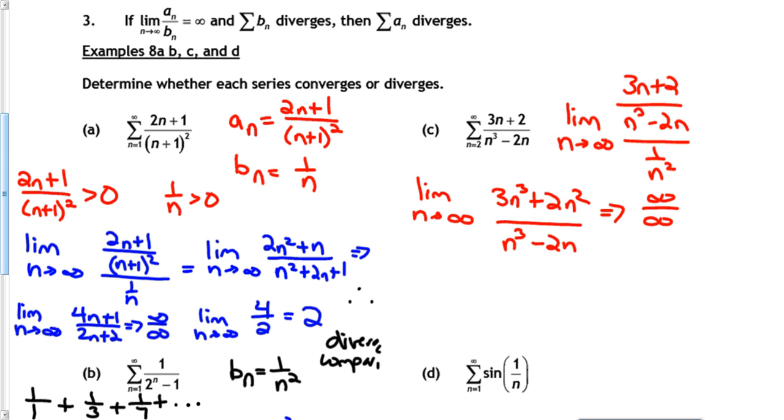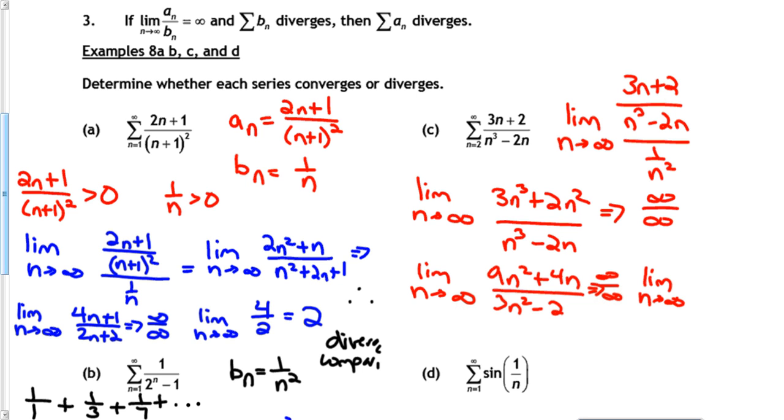Or I use L'Hopital's, that approaches infinity over infinity, so I keep on going and I get 9n squared plus 4n over 3n squared minus 2. Again, that approaches infinity over infinity. I do another L'Hopital's, and I get 18n plus 4 over 6n. That again is infinity over infinity. I use L'Hopital's, and then the limit as n approaches infinity of 18 over 6, which is equal to 3.